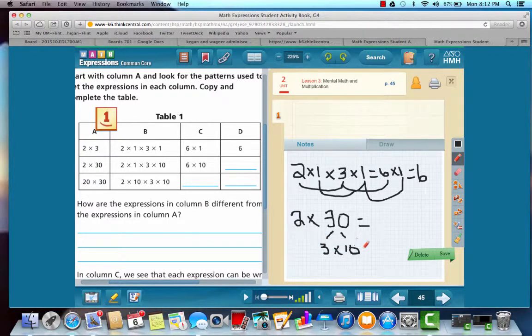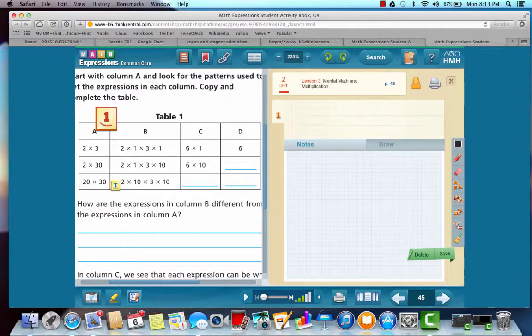So what the author is really wanting you to look at is if I multiply these two numbers together, you're going to get what? 6, right. And if I multiply 6 times 10, I can easily answer that question with the equation of 2 times 30, and that equals 60.